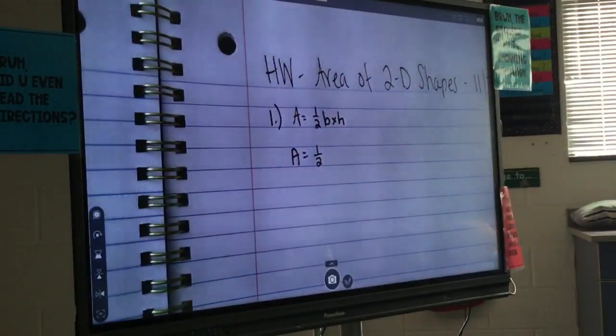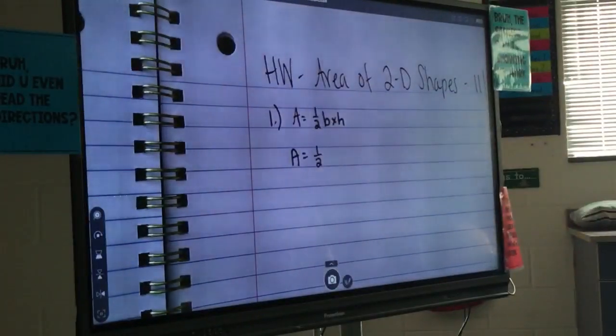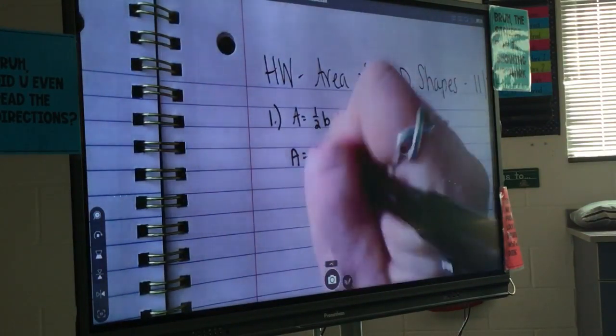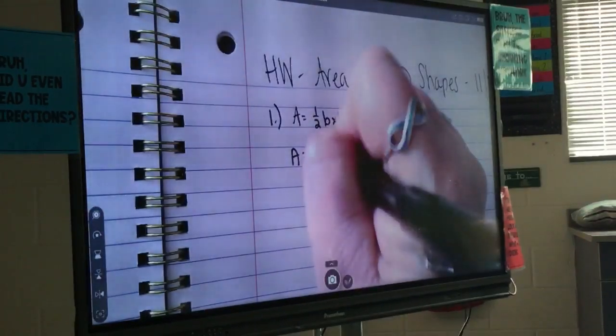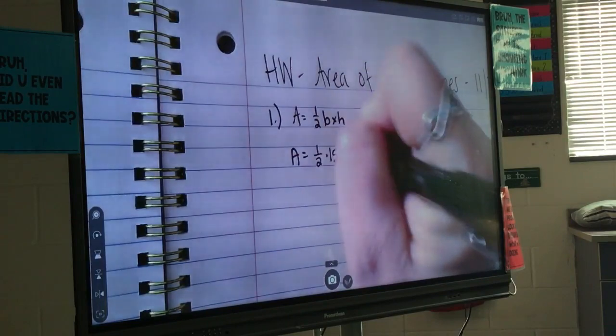What was my base? Your height was 8.5 and the base is 15. All right, so I'm going to do half times 15, and then I'm going to do times 8.5.